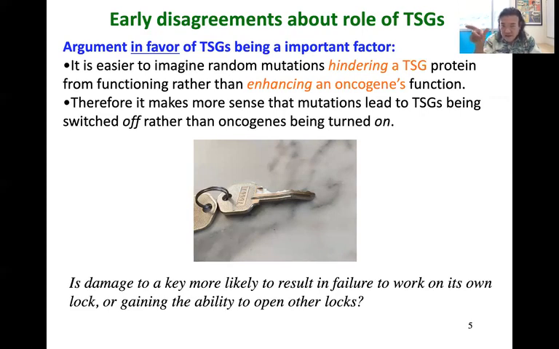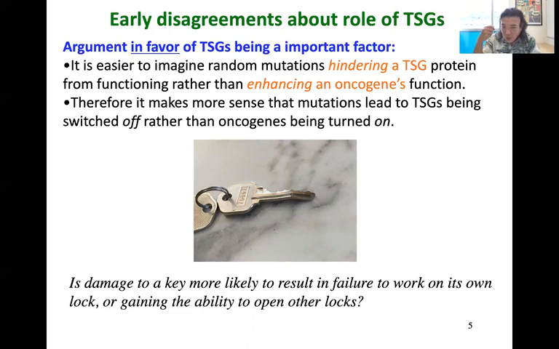a protein that alters its three-dimensional shape even slightly, ask yourself, is it more likely that this damage would result in this key failing to work on its own lock? Or is it more likely that a random mutation, random damage like this, would somehow give this key the ability to have additional properties to open other locks?